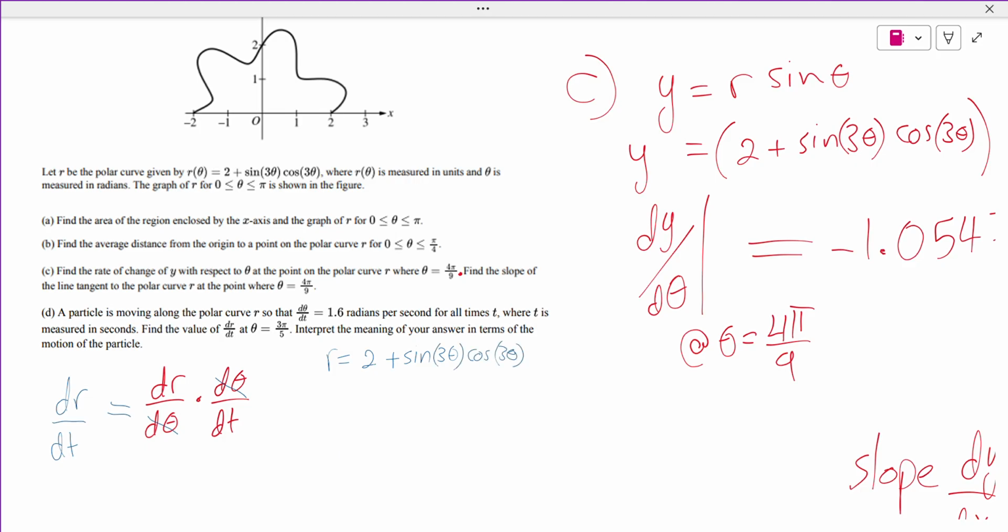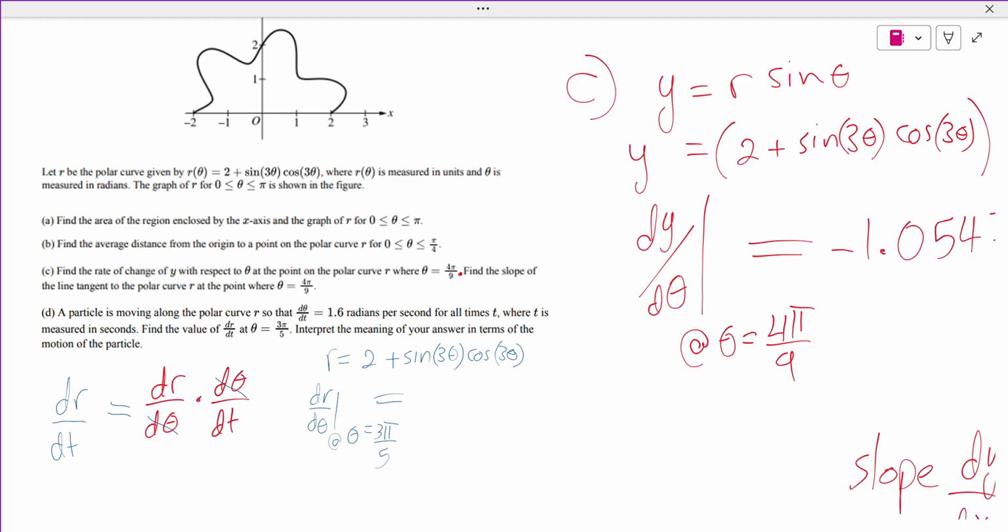Find dr over d theta by the calculator when theta equals 3 pi over 5.